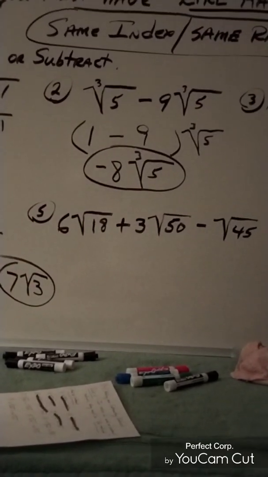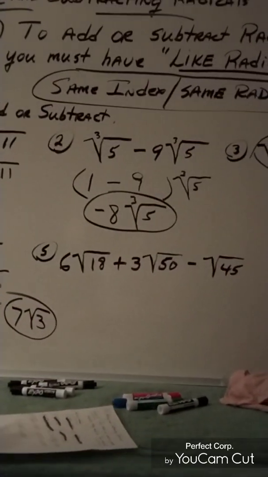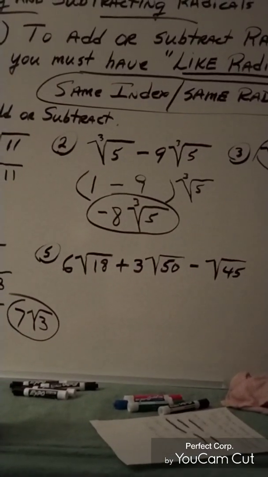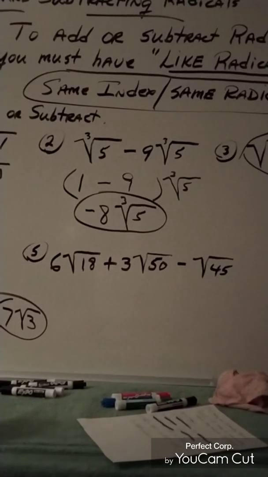Number 5. All of the radicands are different. The indices are the same, but the radicands are different. But maybe we can create some likenesses.